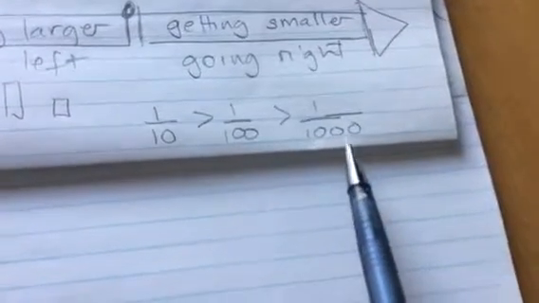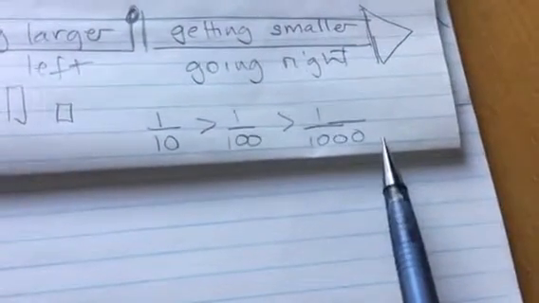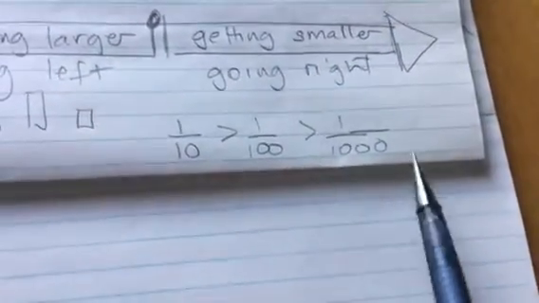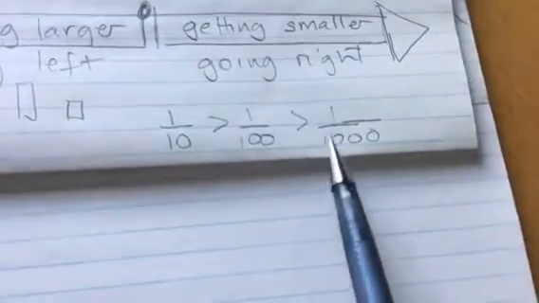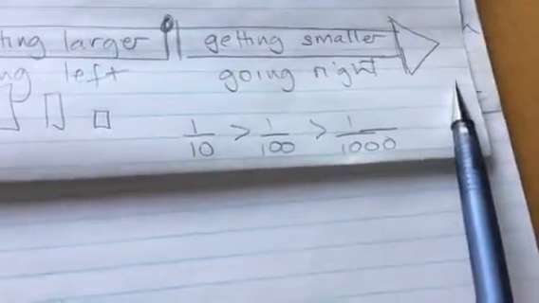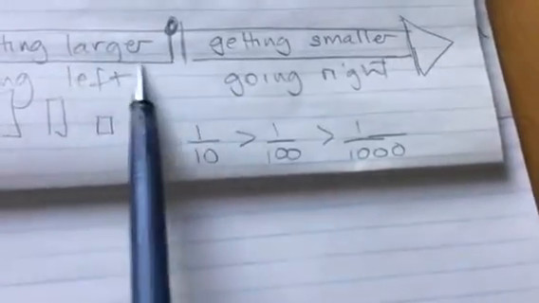And if your school is a much bigger school, with 1,000 students, and they cut the same birthday cake into 1,000 slices, you'll only get a really, really small piece. And that's what's happening. As you're moving to the right of the decimal sign, it's getting much smaller. When we're going to the left, it's getting larger.